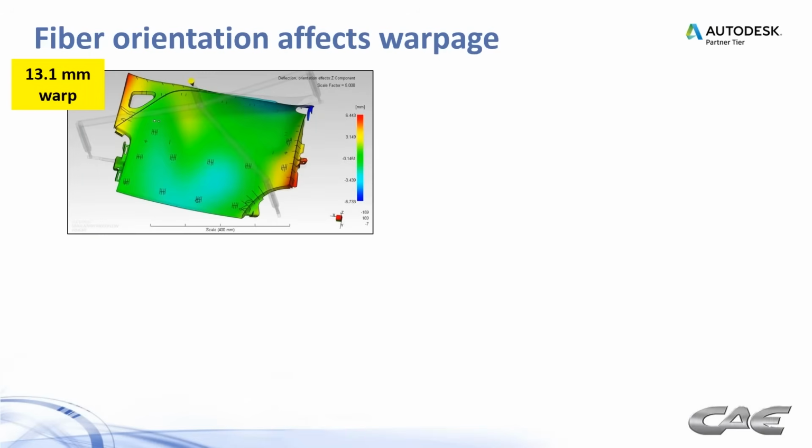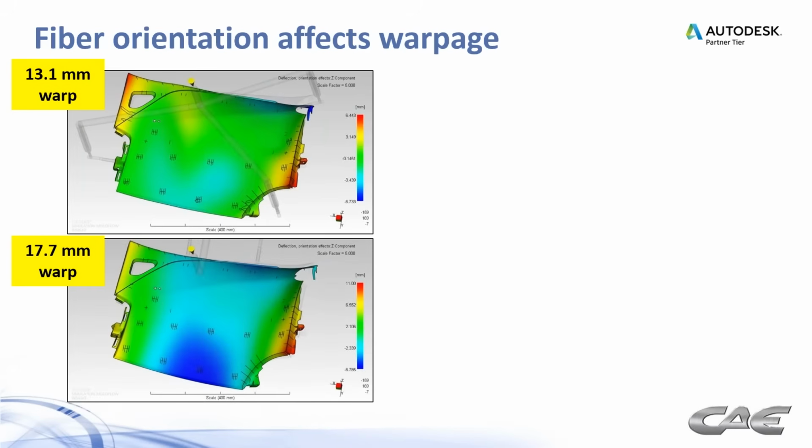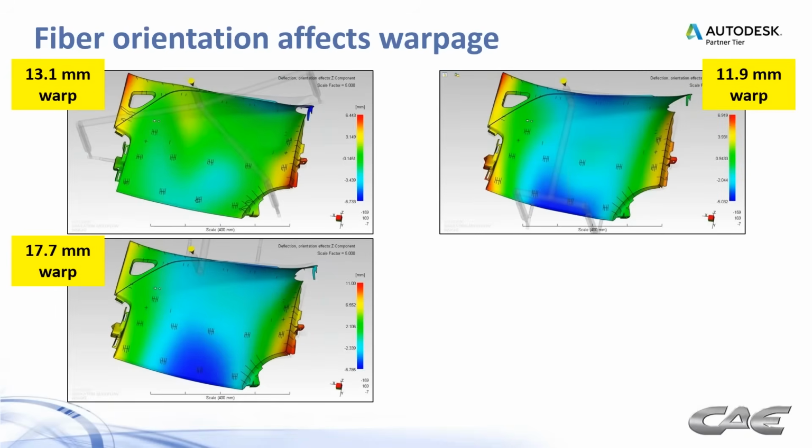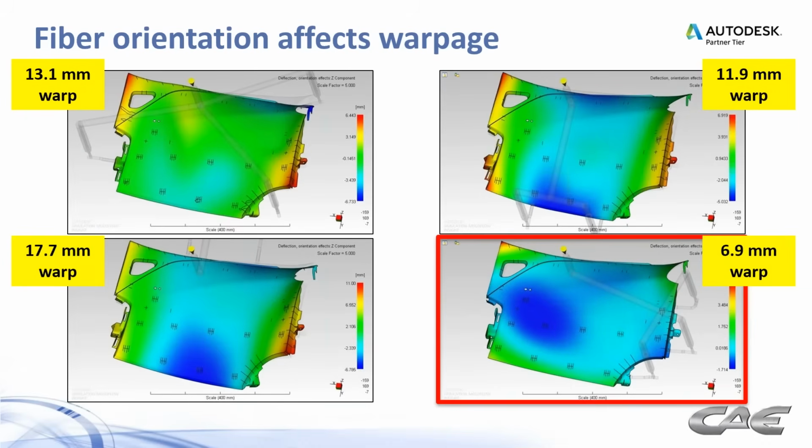So here's a prediction of the warpage due to fiber orientation effects, those shrinkage effects for each of those cases. In this case, the amount of warpage was predicted to be 13.1 millimeters, 17.7 when we gated on the top, 11.9 when we gated on the bottom, and then finally 6.9 millimeters of warp when we gated on the side.